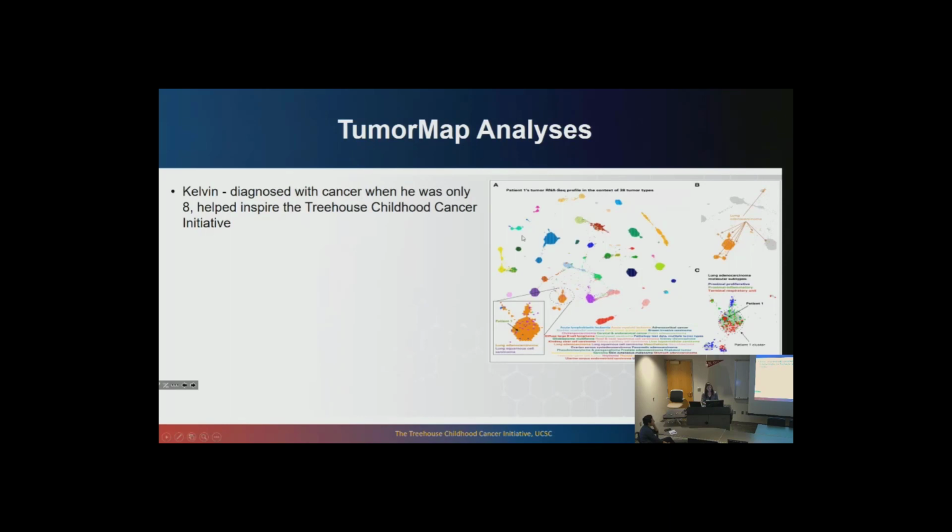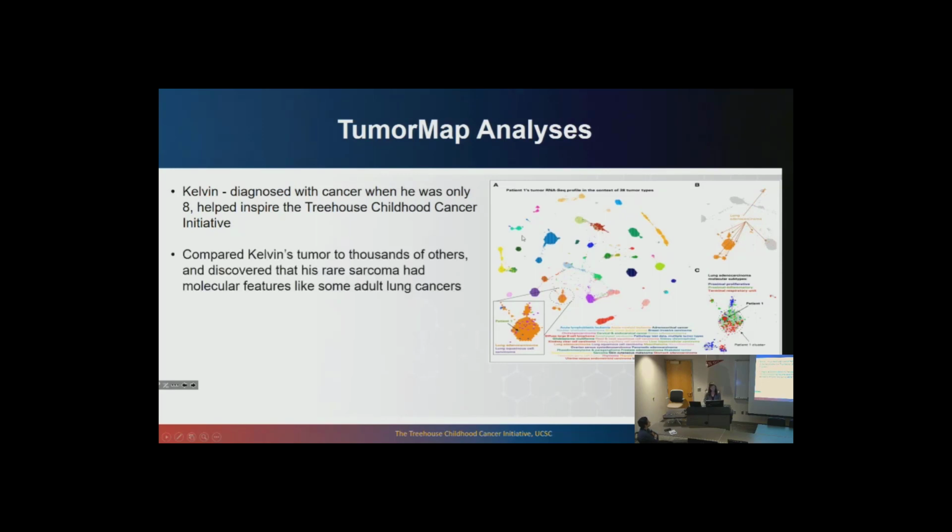He was diagnosed with cancer when he was only 8 and helped inspire the Treehouse Childhood Cancer Initiative. He is also patient one in the case report Dr. Shahid presented. So the UCSC team compared Kelvin's tumor to thousands of others and discovered that his rare sarcoma had molecular features like some adult lung cancers.